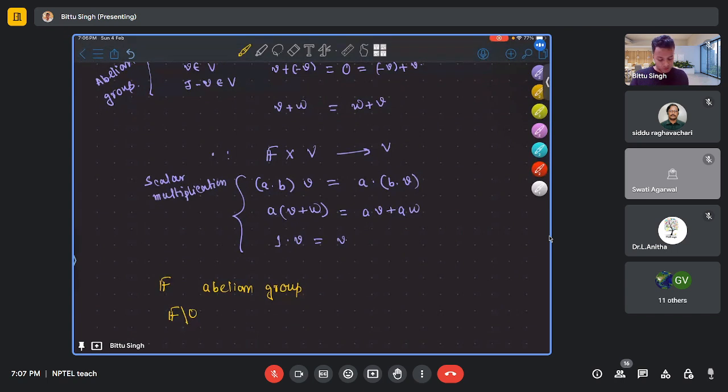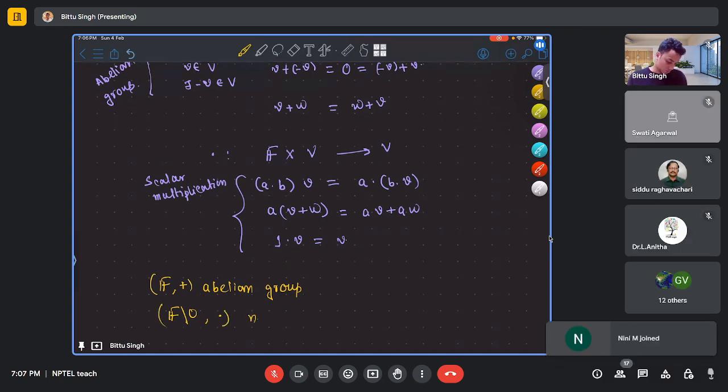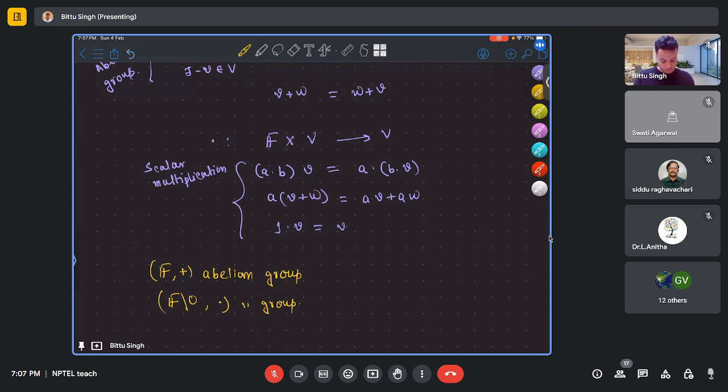If you remove 0 and consider F minus 0, then there is another operation, multiplication, which we rename as dot. This also needs to be an abelian group. We call this structure a field.